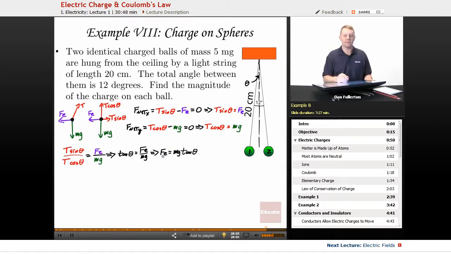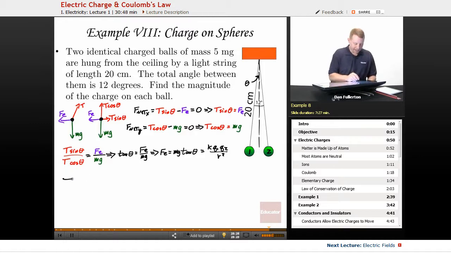But the electrostatic force we can get from Coulomb's law. That's equal to K Q1 Q2 over R squared. Q1 and Q2 are the same. These are identical spheres, so this is just Q and Q. But the trick then is this R, the distance between them.